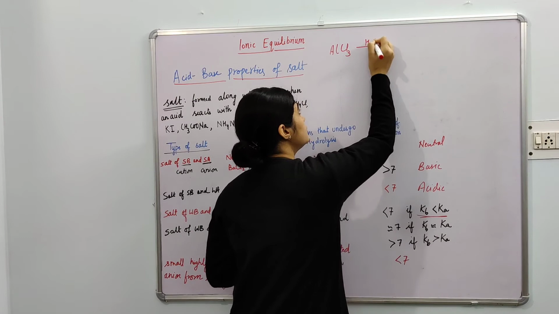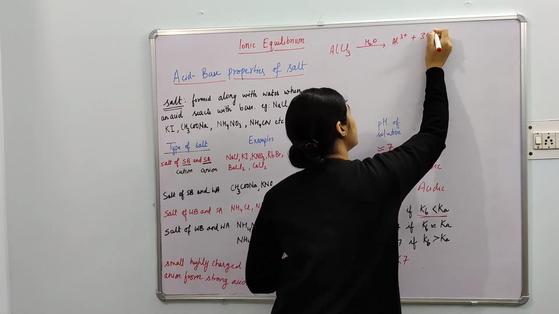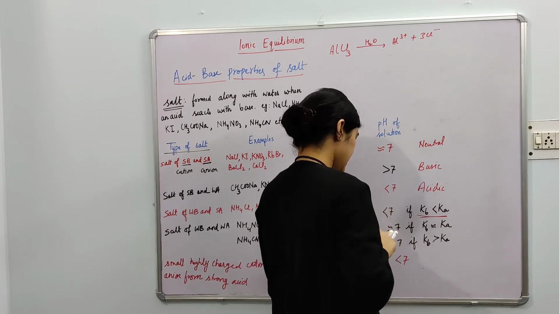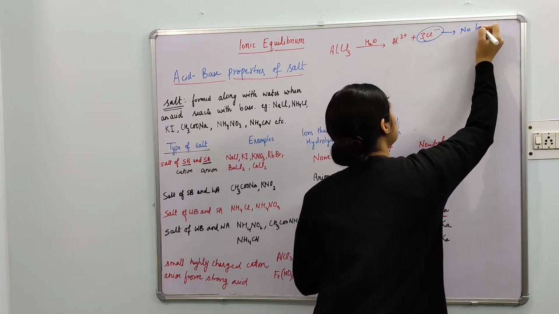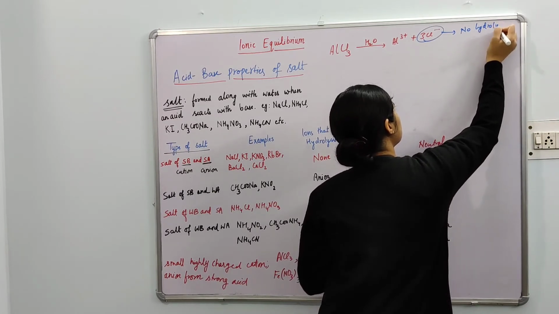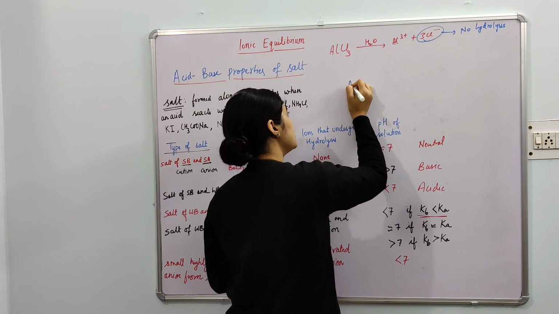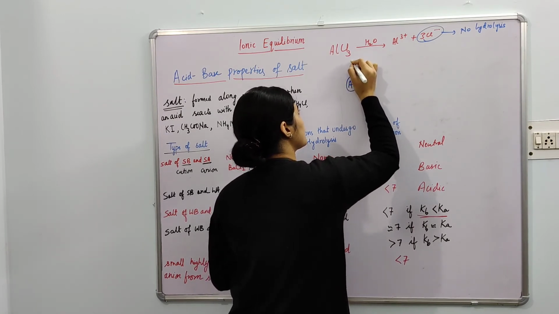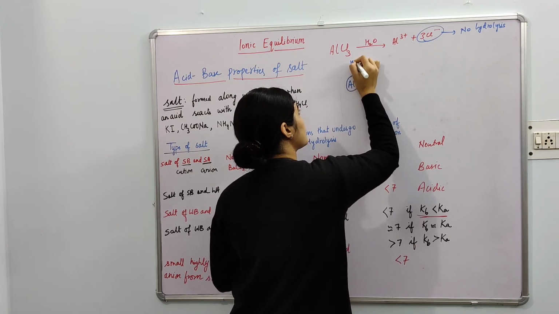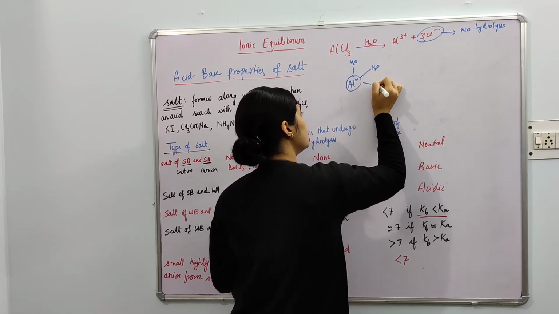In water, it will dissociate to form Al3 positive plus 3Cl negative. These Cl negatives will not undergo hydrolysis, so here no hydrolysis, but this Al3 positive being highly charged, it will form a hydrated sphere with water molecules.